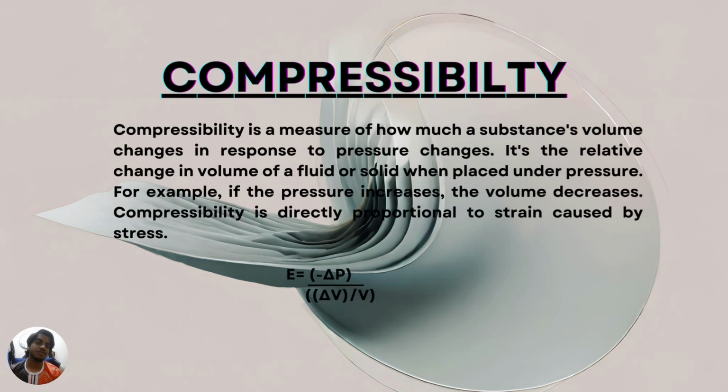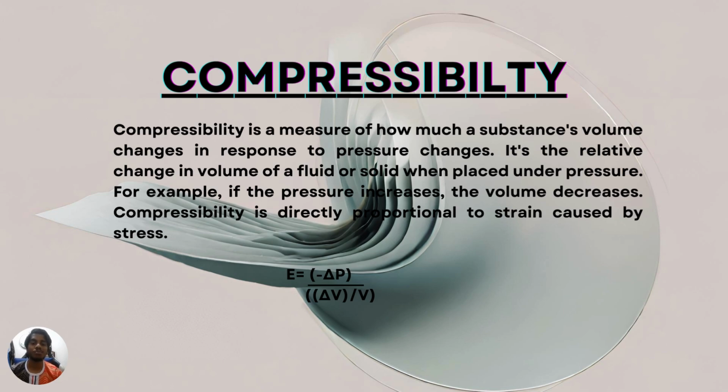Okay, next we move on to compressibility. Compressibility is a measure of how much a substance's volume changes in response to pressure changes. It's the relative change in volume of a fluid or solid when placed under pressure. For example, if the pressure increases, the volume decreases. As we are physics students, we should know that.